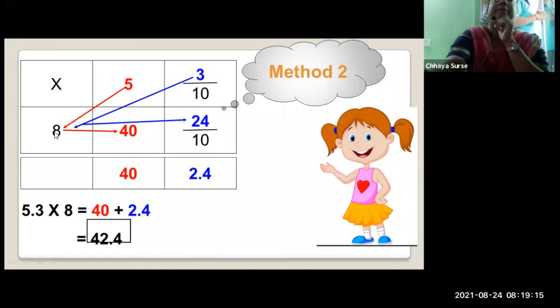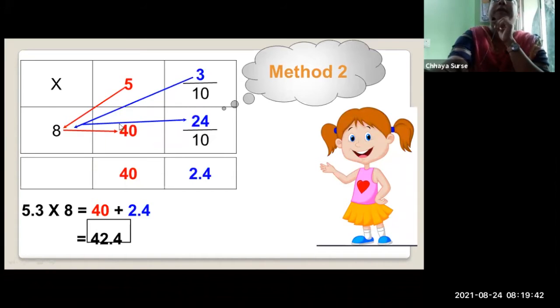Now 5 multiplied by 8. 5 8s are 40, so write 40 here. Then 3 multiplied by 8. 3 8s are 24, so we write 24 here. Clear?